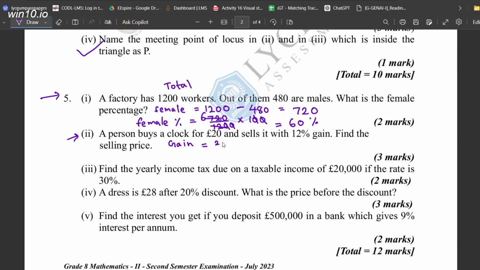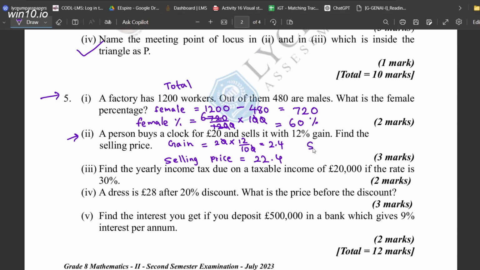So buying price is 20. Out of that 12%, then 24 over 10 means 2.4. That should be the gain. So selling price would be 22.4. Adding the buying price and gain.